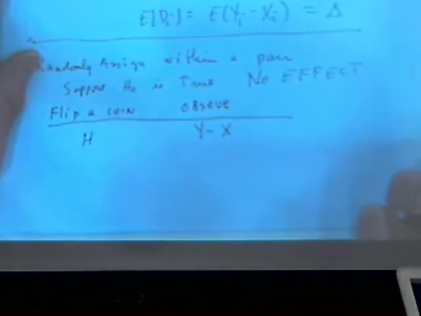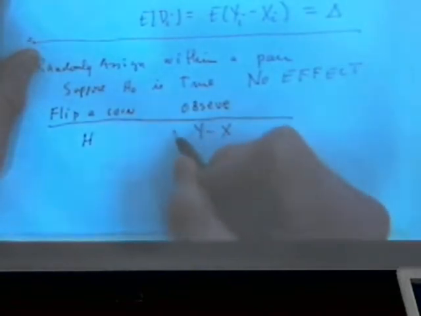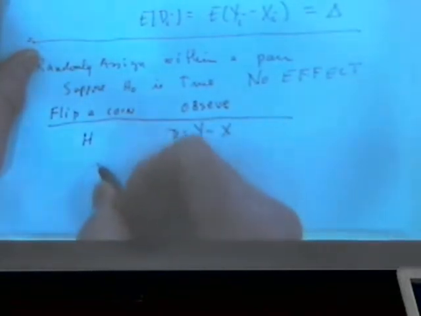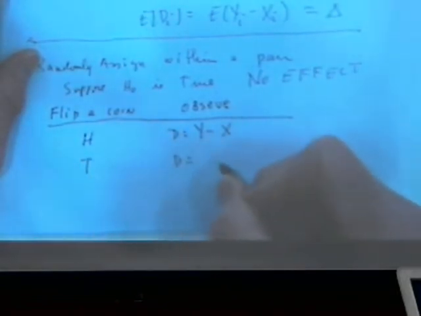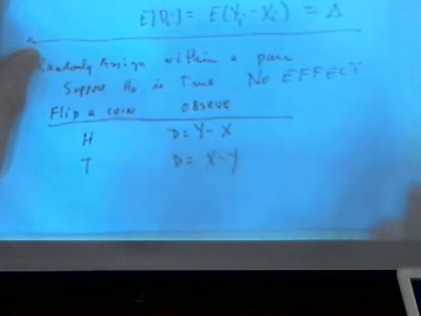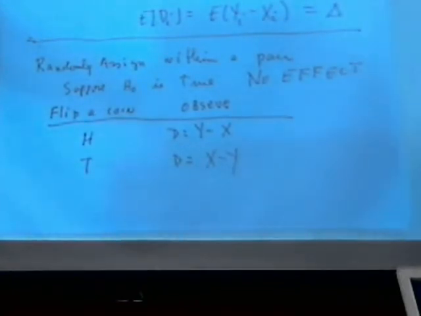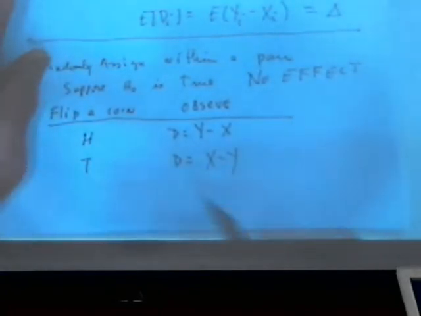That's your difference. And if you flip tails, there's no effect, you're going to observe x minus y. And furthermore, both of those are equally likely, right? So this would be minus that.